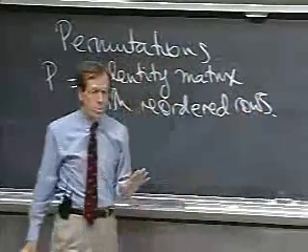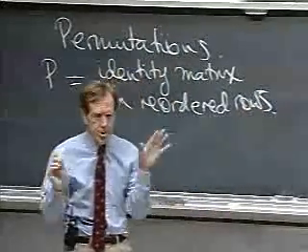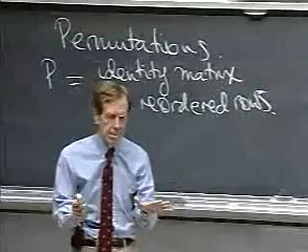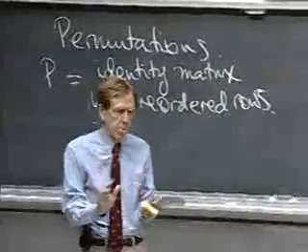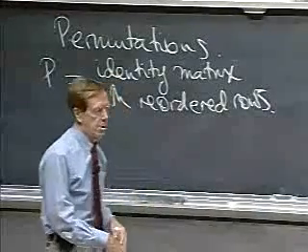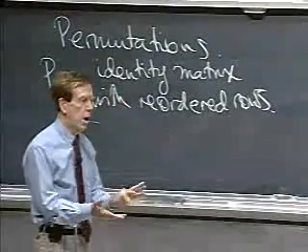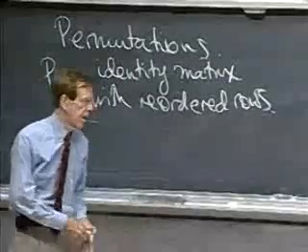Well, I include in reordering the possibility that you just leave them the same. So the identity matrix is okay. That's like your basic do-nothing permutation matrix.